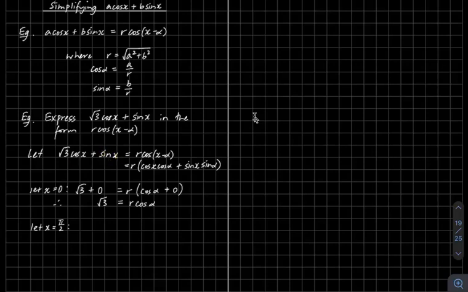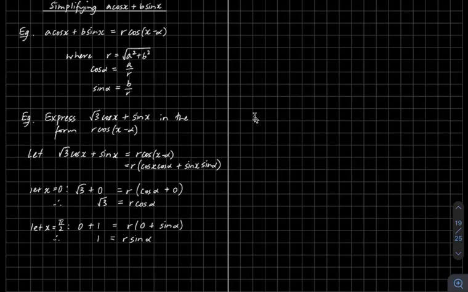So we'll have 0 plus 1, and on this side we'll have r times 0 plus sine alpha. So it's going to be 0 plus 1 equals r times 0 plus sine alpha. So therefore we've got 1 equals r sine alpha.